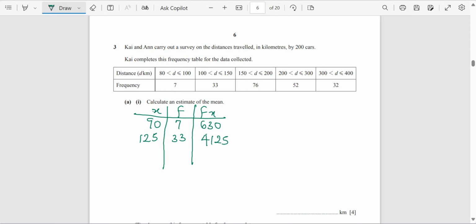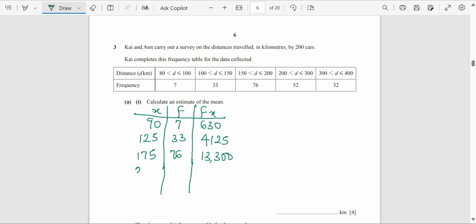The next one, midpoint 150 plus 200 divided by 2, and that will give us 175. The frequency is 76, so when you multiply that by 76, it will give us 13,300. Our next midpoint is 200 plus 300 divided by 2.